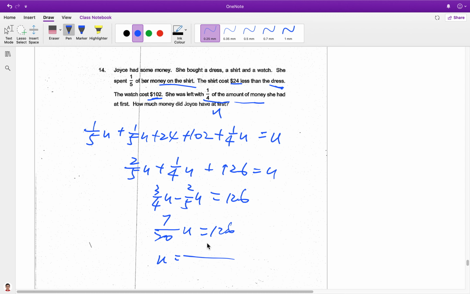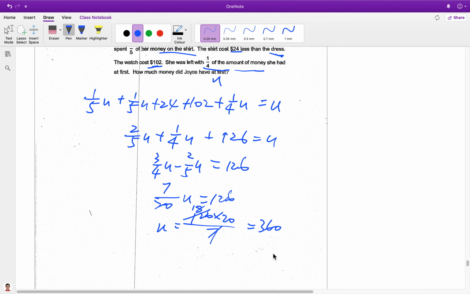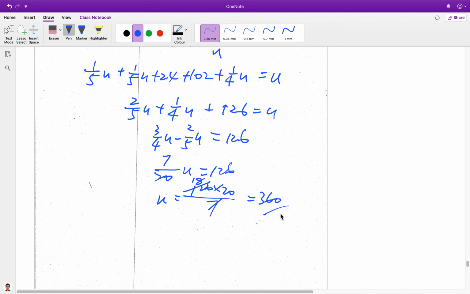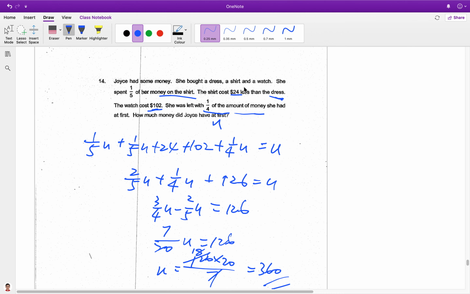U equal to 126 times 20 over 7, which is 360. So this is the answer, because we defined U at first as the total money.